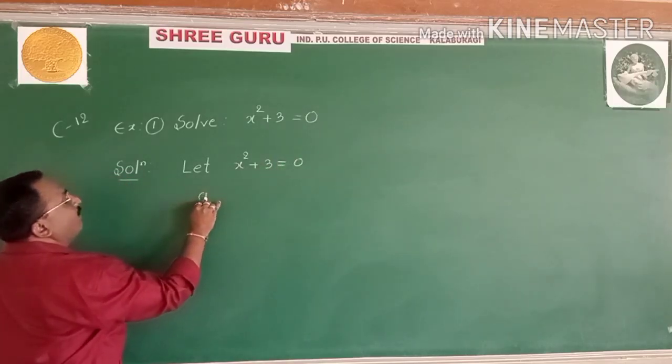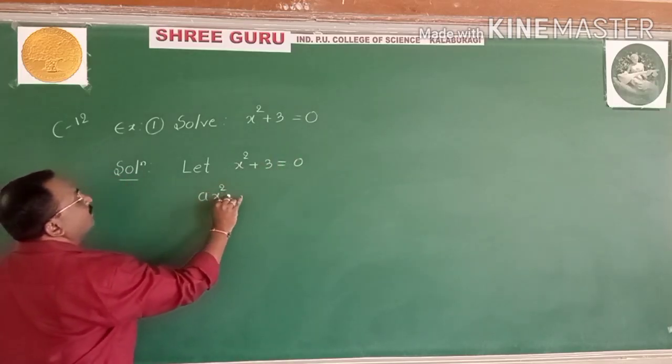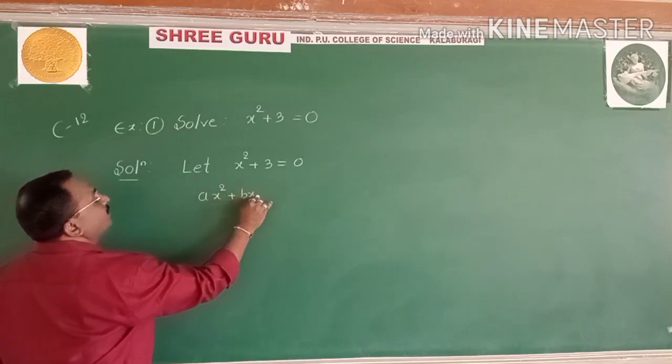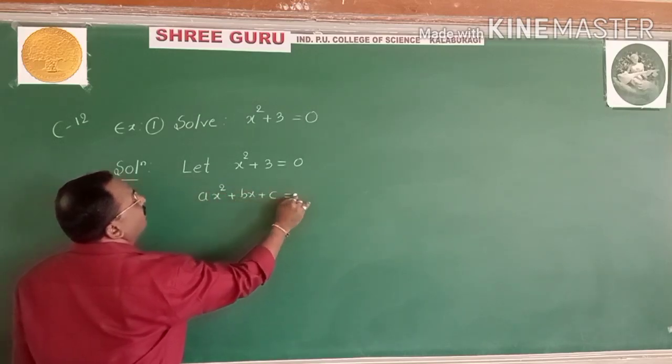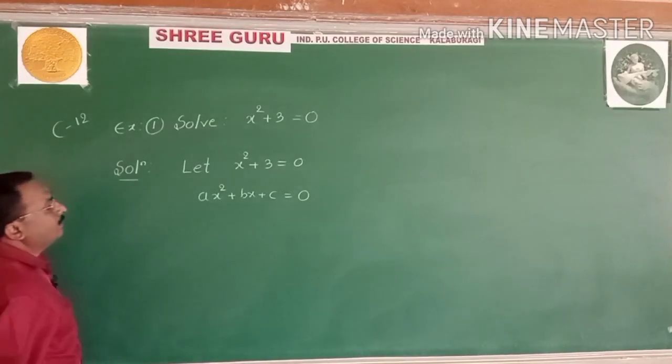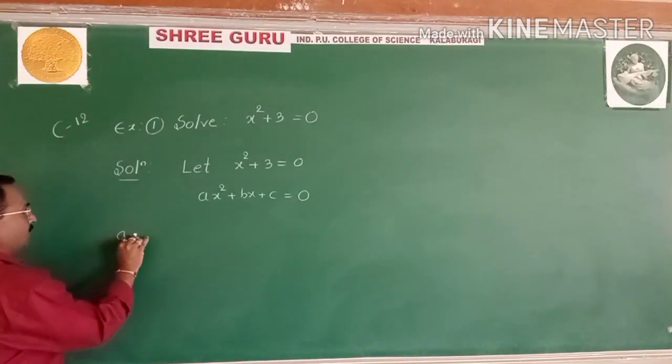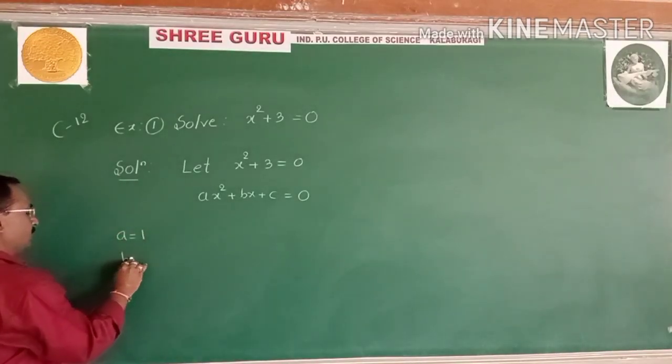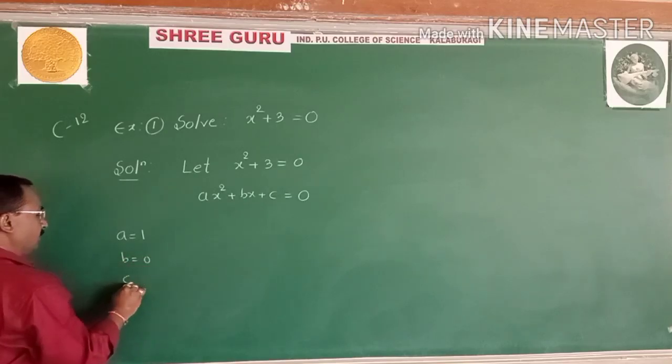That is in the form of ax square plus bx plus c is equal to 0. In this place, a is 1, b is 0, c is 3.